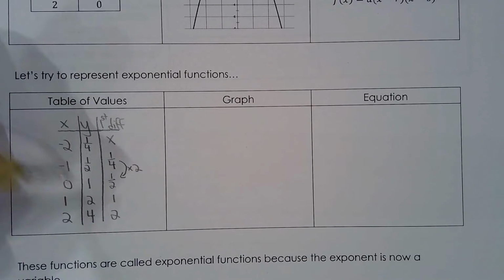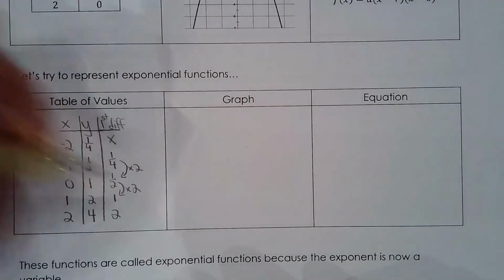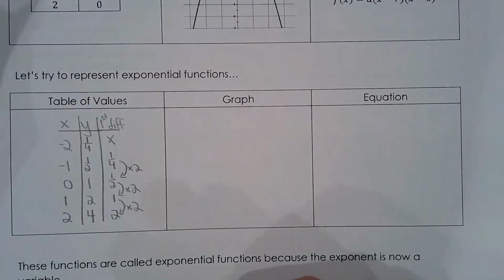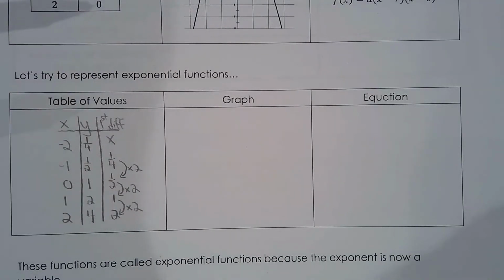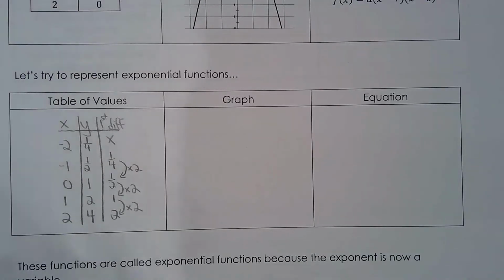How to go from 1/2 to 1? What's the ratio? Well, you multiply it by 2. And then from 1 to 2, you obviously multiply it by 2 again. So guess what? There is a common ratio between successive first differences, which means that this table represents an exponential function or exponential relationship.